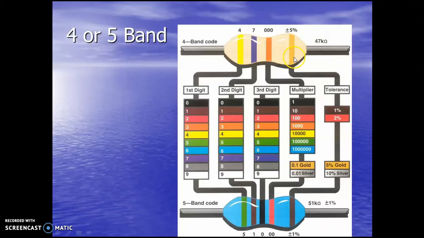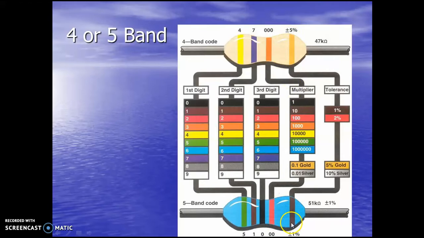So we can take the first band and go down and see that yellow is a 4. Take the second band, see that purple is a 7. And the third band, orange, is 3 zeros. And see that this is 47,000 plus or minus 5%.